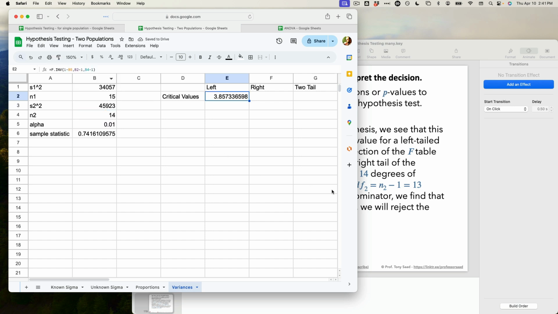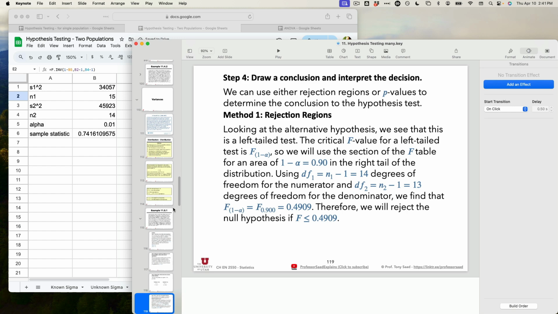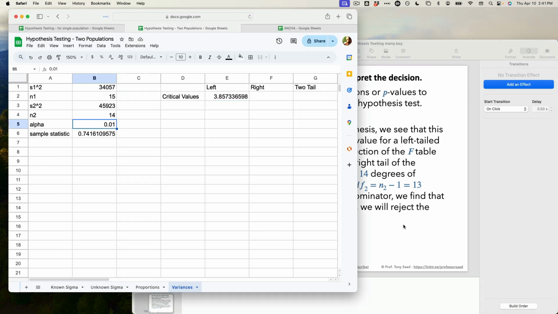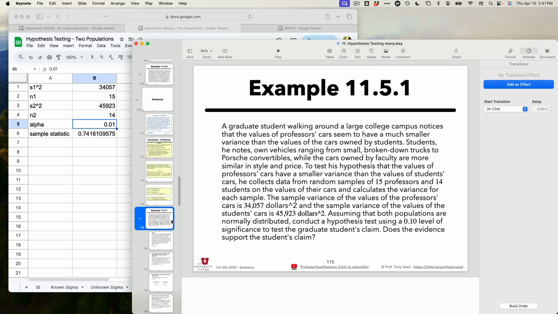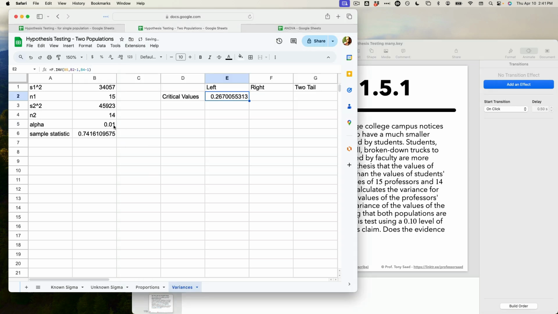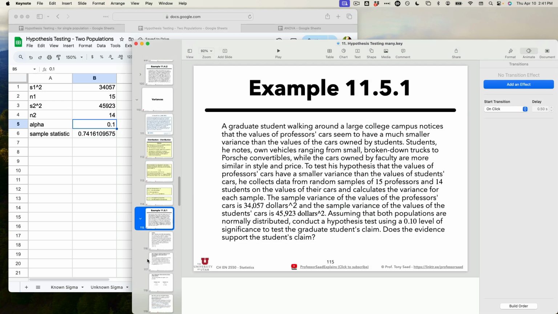Nope, that shouldn't be 1 minus alpha. They gave us the significance level, right? Yes, testing at a level of significance 0.1. Sorry. Yep, 0.1. Thank you, Elijah. Okay, there you go. That makes more sense. But it's still.